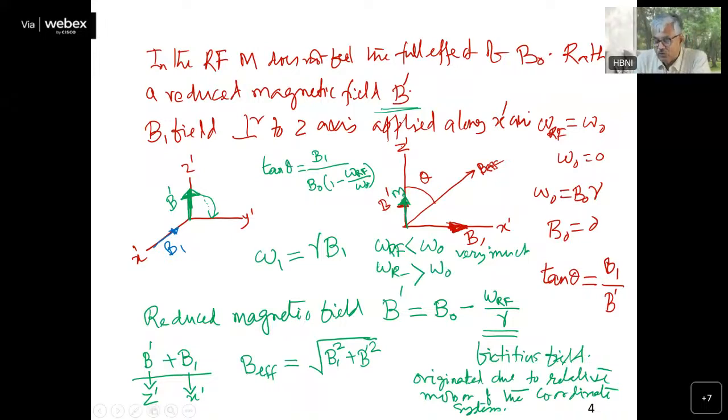In such cases, you will see that the B effective will prefer to be, in this case, aligned close to the Z prime axis. Under this condition, it will be positioned very close to the minus Z prime axis. So in this case theta will be equal to 0, and in this case theta will be equal to 180 degrees. You can find this mathematically from the equation.